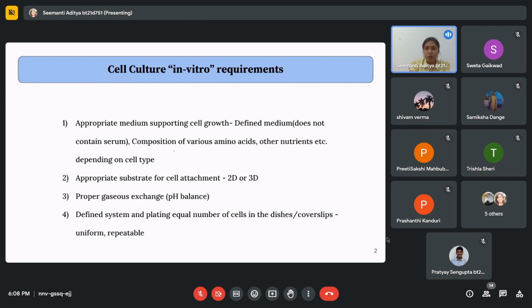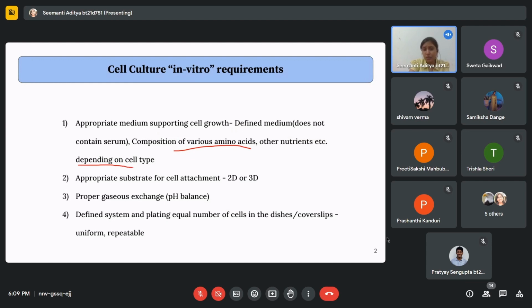So depending upon what amino acids are there, and what other nutrients, in the sense glucose, some require sucrose or whatever carbohydrate source a particular cell requires for its growth. So depending upon that, there are different compositions of medium. We will not go into details of medium today, but later on.